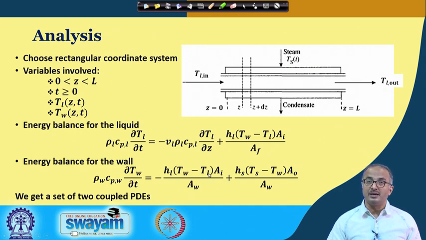So we have two unknowns appearing in both equations. So we have two coupled partial differential equations which have to be solved simultaneously to get the solution. But this is not the end of the situation, because we can solve it only if we know the initial condition and the boundary conditions for this particular system.